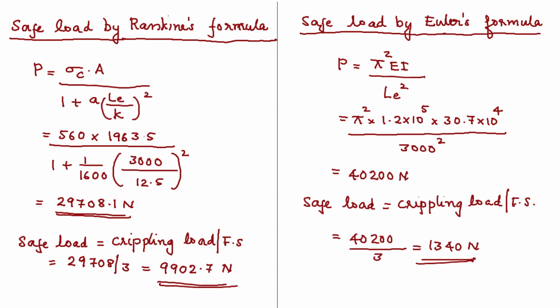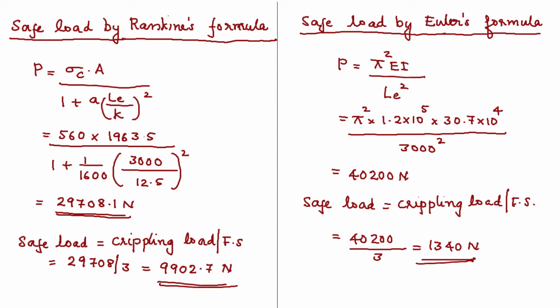And the safe load is the crippling load divided by factor of safety. Factor of safety is given as 3. So the safe load is 9902.7 Newton. Next one is the calculation of safe load using Euler's formula. Then P is given by pi square EI by Le square. The value of E is given. I we have already calculated. Effective length is 3000 mm.